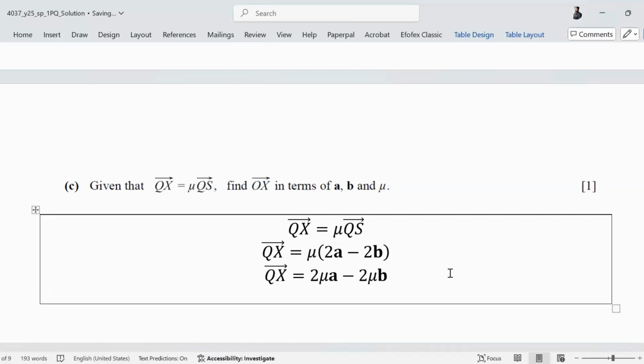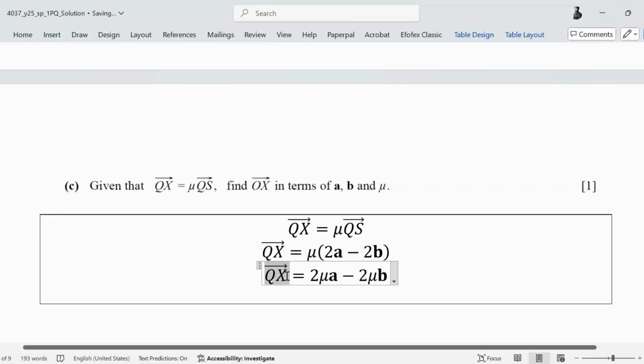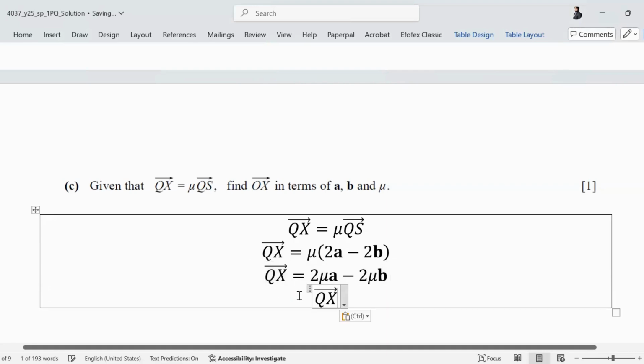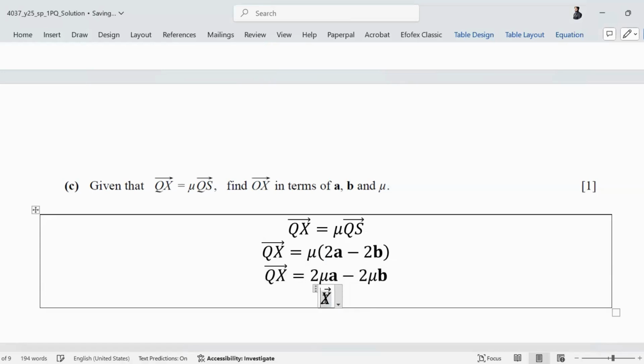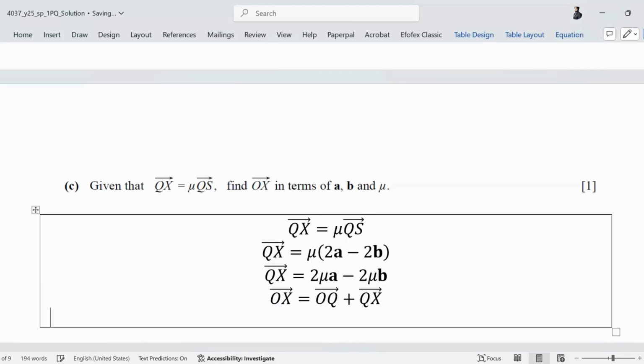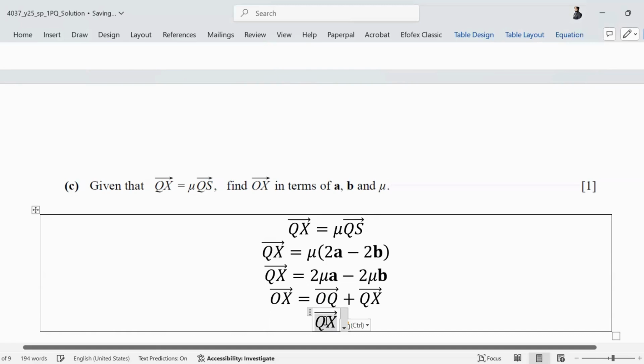And now I need to find OX. For that, I can simply say that OX is OQ plus QX is OX.